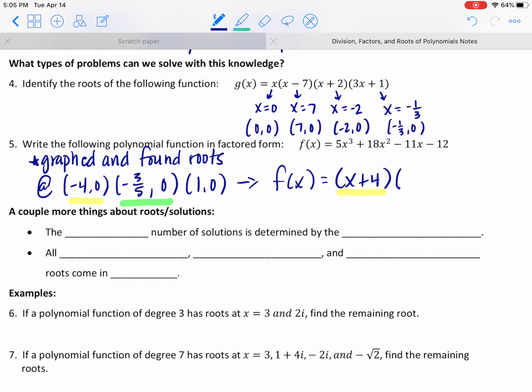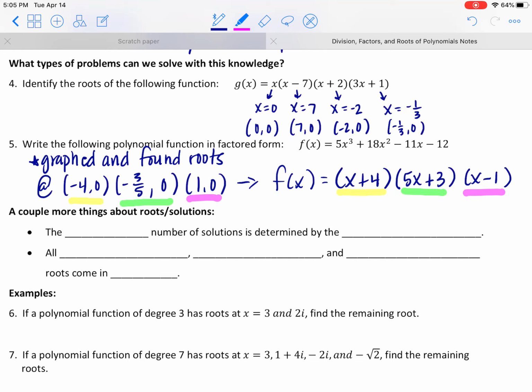Okay? If -3/5 is a root, it means that 5x plus 3, remember opposites, has to be a factor. If 1 is a root, then x minus 1 has to be a factor.